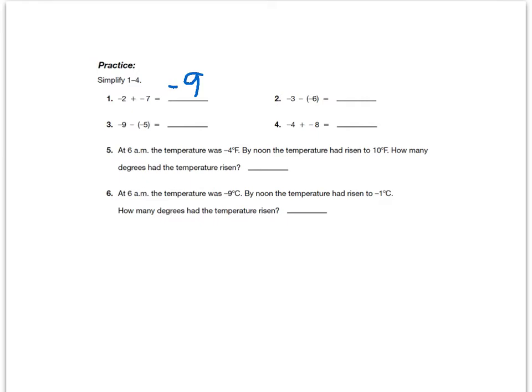On number 2, we have a lot of extra things in there. We have parentheses that are not really doing anything because there's no multiplication. And we have the concept that we talked about where minus a negative is plus. So if we wanted to rewrite this, we could just simplify it to negative 3 plus 6. Or then we could say, what if we put the positive 6 and the negative 3?